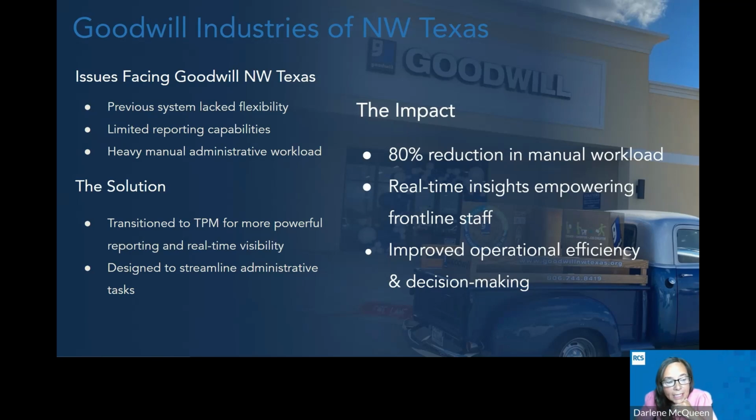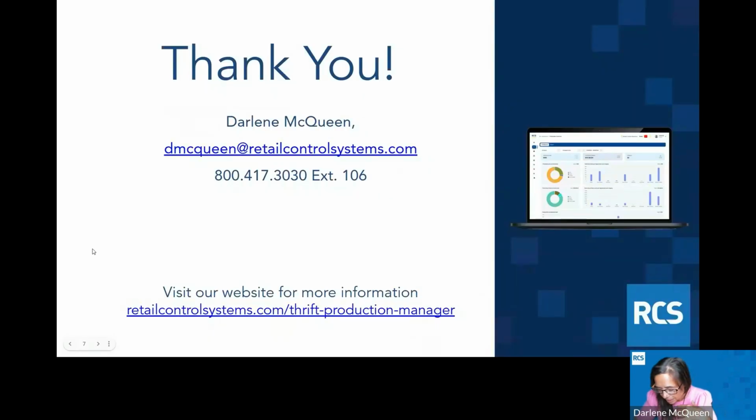And they really have had the tools that they need to streamline the production staff. So overall, there is a success story that we'll share with the team that Goodwill Northwest Texas helped our team write. It really talked about 80% reduction in manual workload, being able to provide real-time insights to their frontline staff, and then improve overall efficiency.